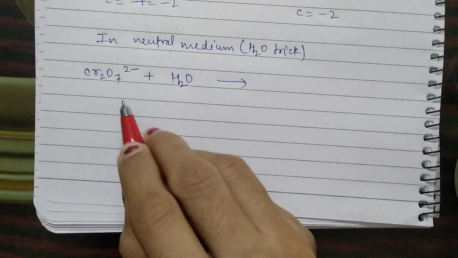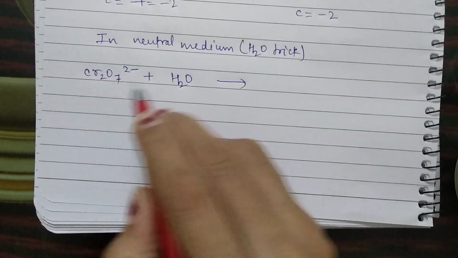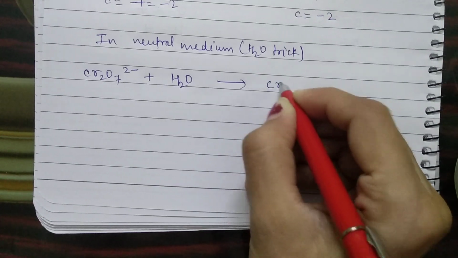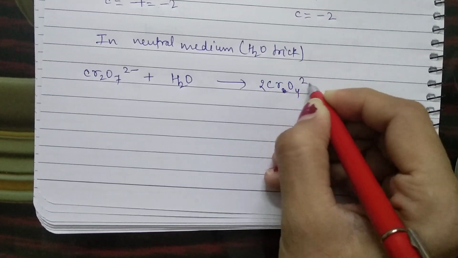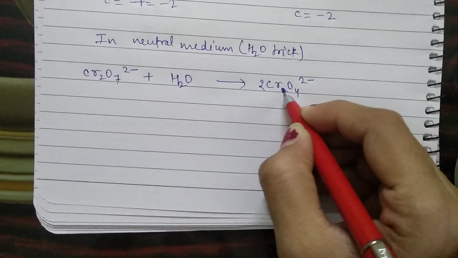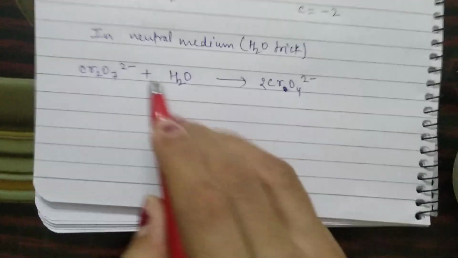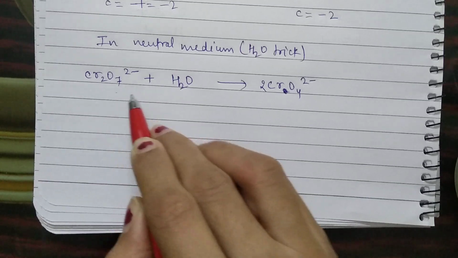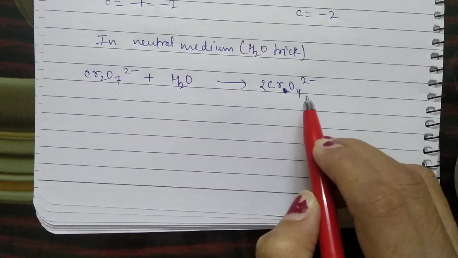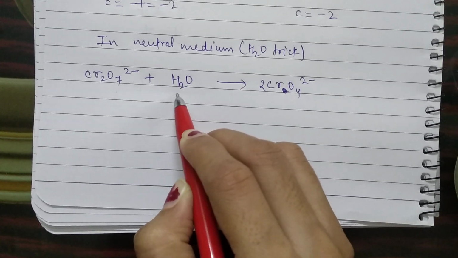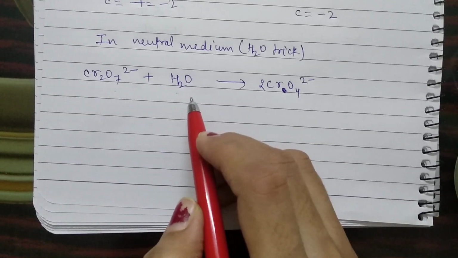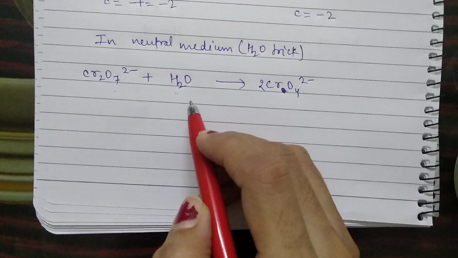One thing we also have to remember is that the dichromate ion gets converted to twice of chromate ion. Then we can add water on the reactant side, and balance for charge, hydrogen and oxygen.